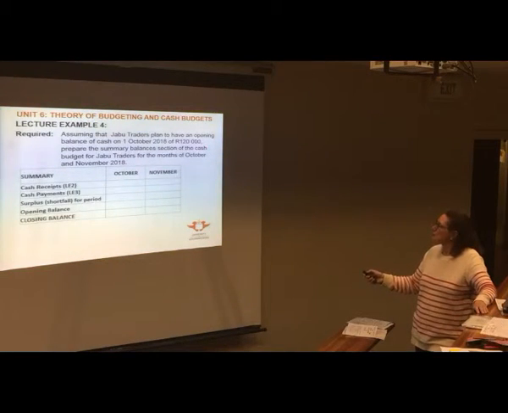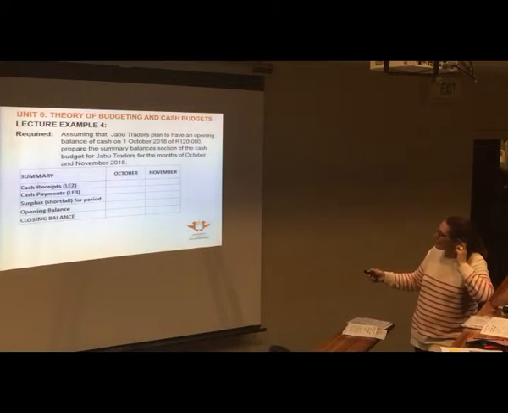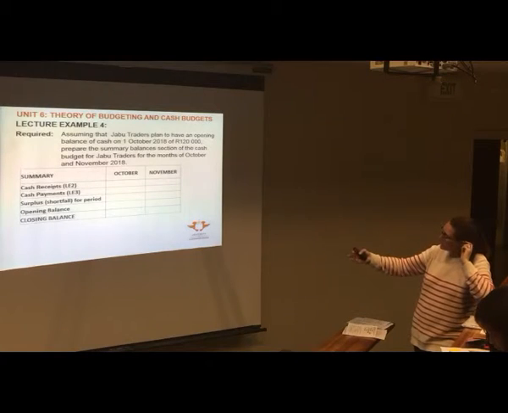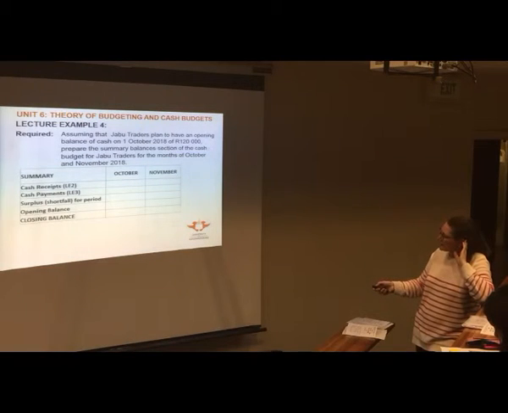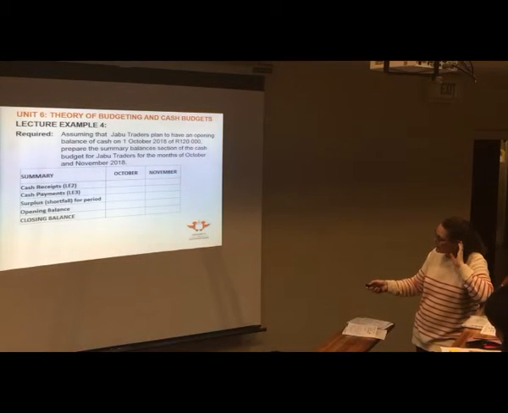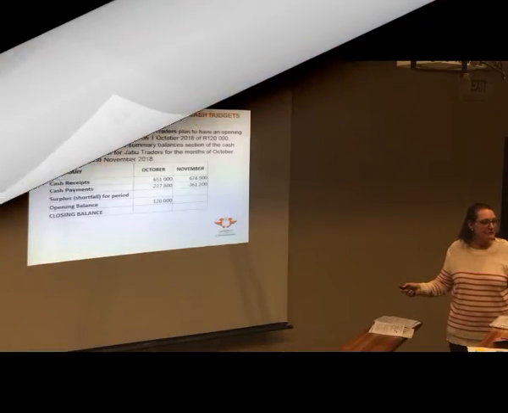I've told you that the opening balance of bank they plan to have, because remember the budgeting is always planning for the future. So it hasn't happened yet. They anticipate they're going to have an opening balance in bank of 120,000. So you put the 120,000 Rand in there, add that plus that to get that closing balance. That closing balance becomes that opening balance, add that plus that to get that closing balance.